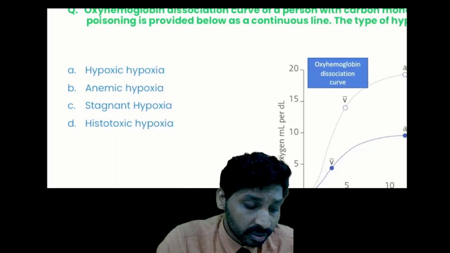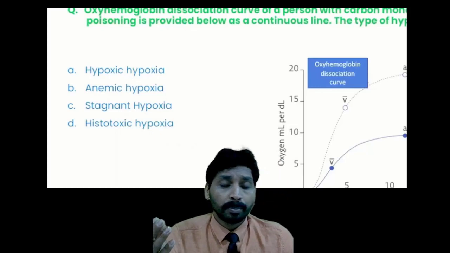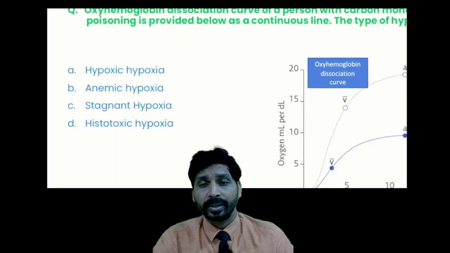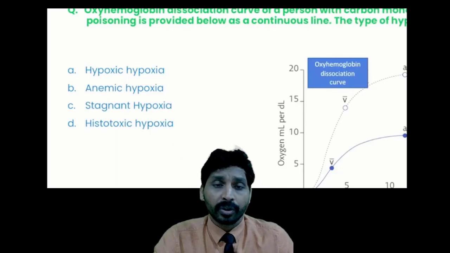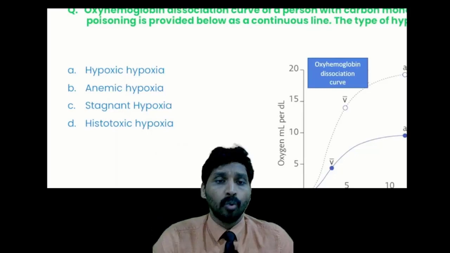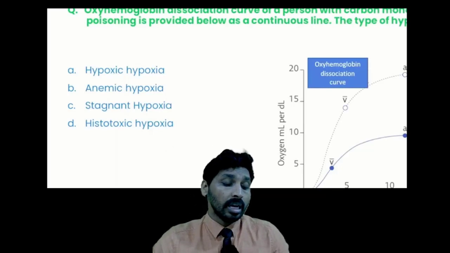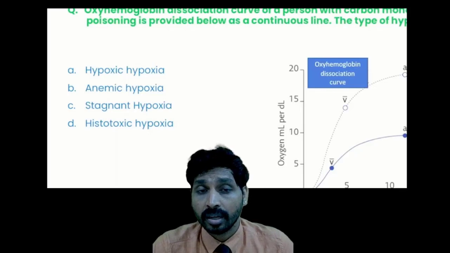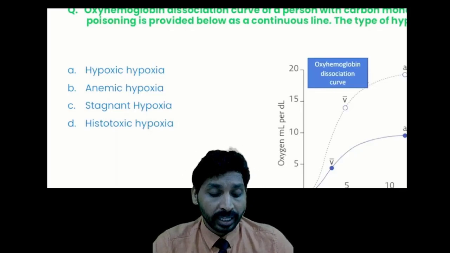Why not hypoxic hypoxia? In hypoxic hypoxia, the arterial pressure is low. It is supposed to reach 100 millimeters of mercury, but it didn't reach. Here the arterial pressure is not low, so that is a ruled out option. How about stagnant hypoxia? In stagnant hypoxia, the arteriovenous partial pressure of oxygen difference is supposed to be 50.